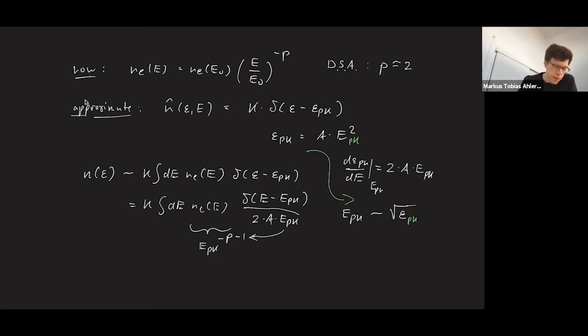So if we put everything together and simply ignore the prefactors that we introduced, we see that the spectrum of a power law population of electrons will go like epsilon to the power minus p plus 1/2.